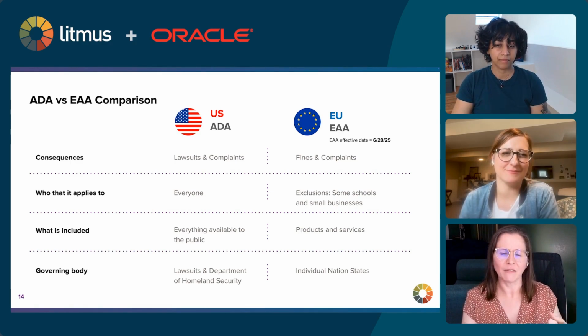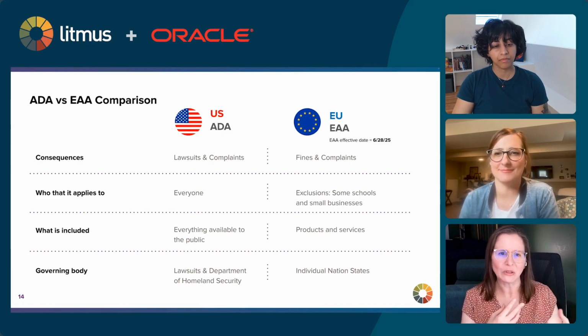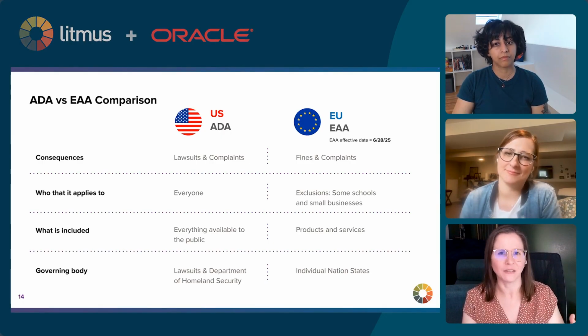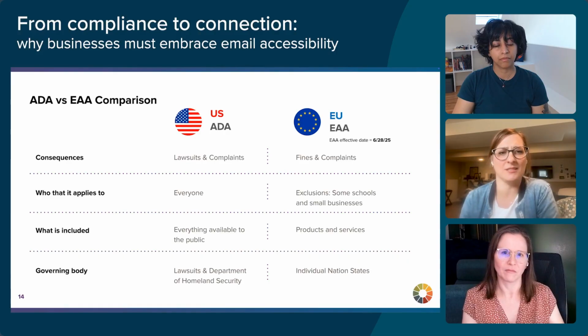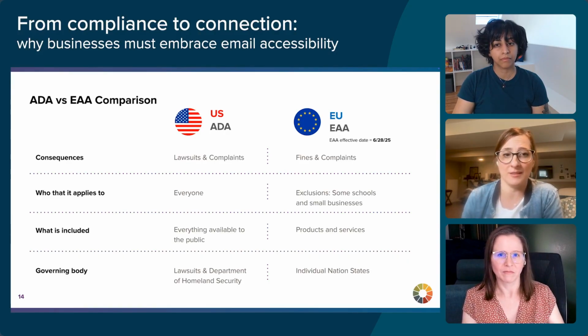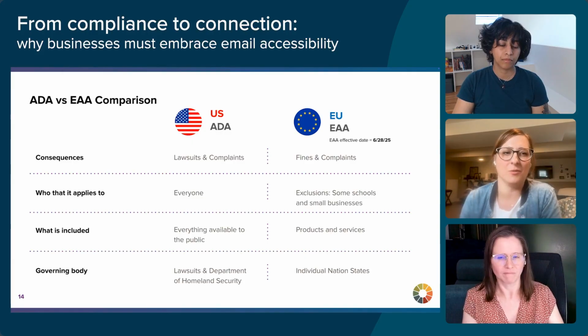In the EU, they allow for some kind of different exemptions. So there are some primary schools and specific sizes of small businesses. Yeah. And what is included, like you were mentioning, is a bit different. So the ADA covers essentially everything available to the public, whereas the EAA is focused on products and services.